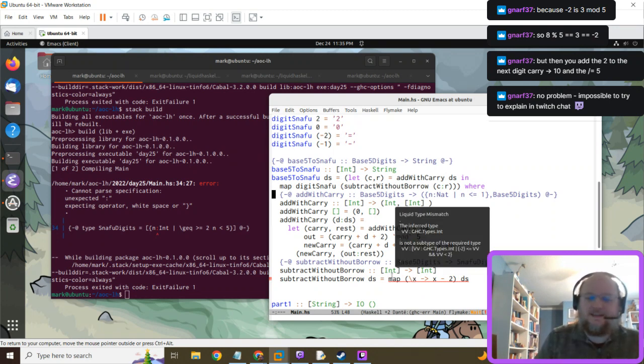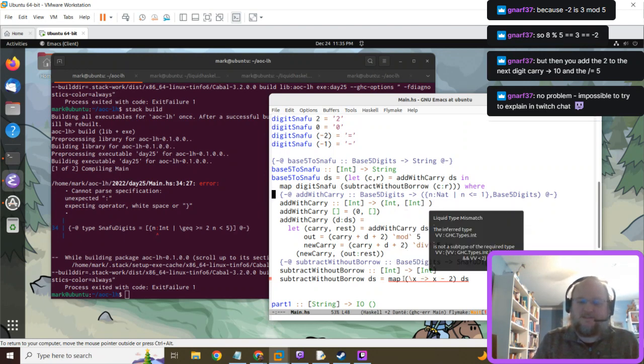So it doesn't like this. This is the problem again is map.